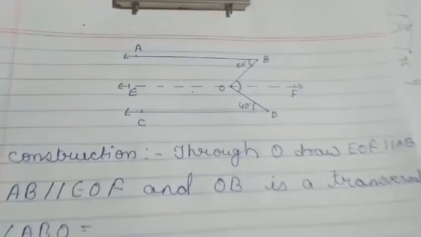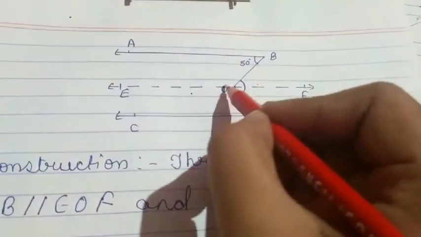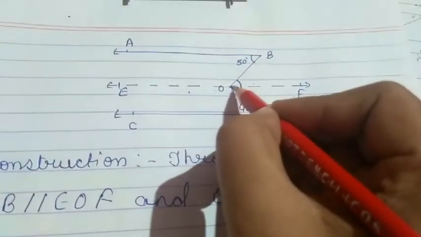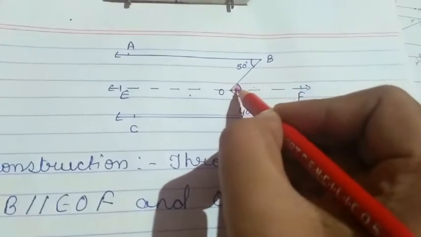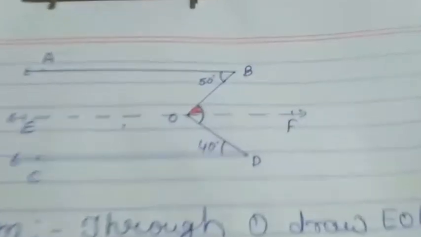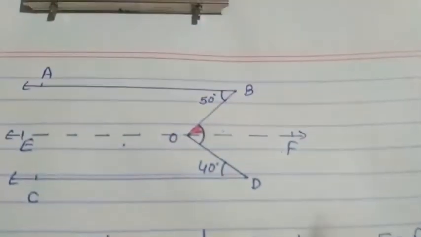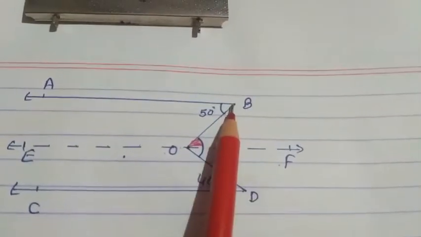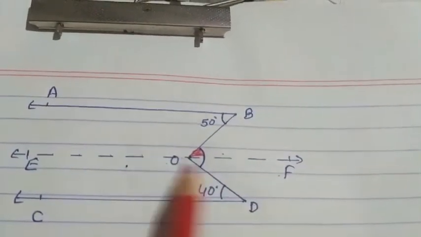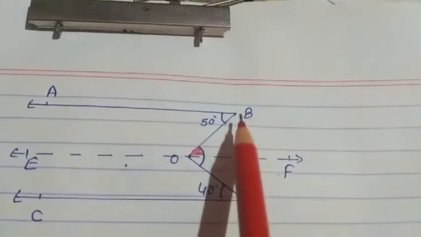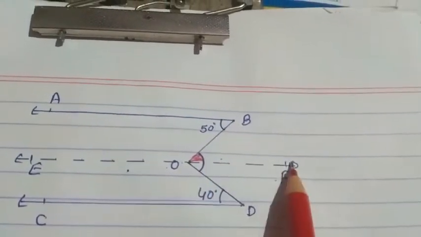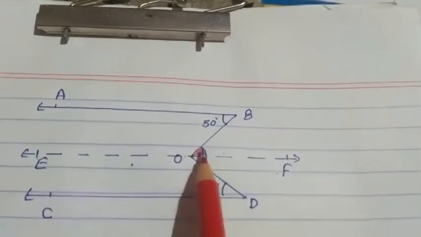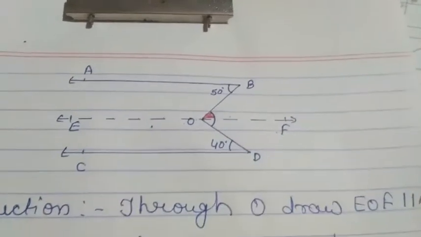Which angle I am talking about? BOF. So only this angle. What the name of this? BOF. Okay, I am talking about this angle. So what the measurement of this? This is 50 degree.